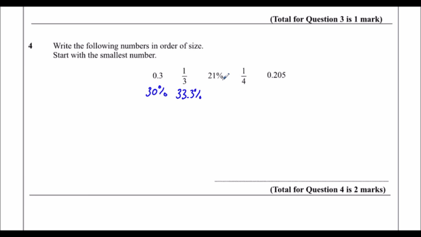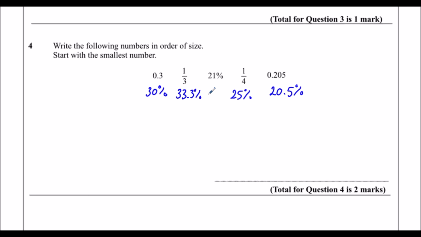We've got 21%. A quarter of 100. A quarter as a percentage is 25%. A quarter of 100 is 25. And to change a decimal to a percentage, times by 100. So that would be 20.5%.